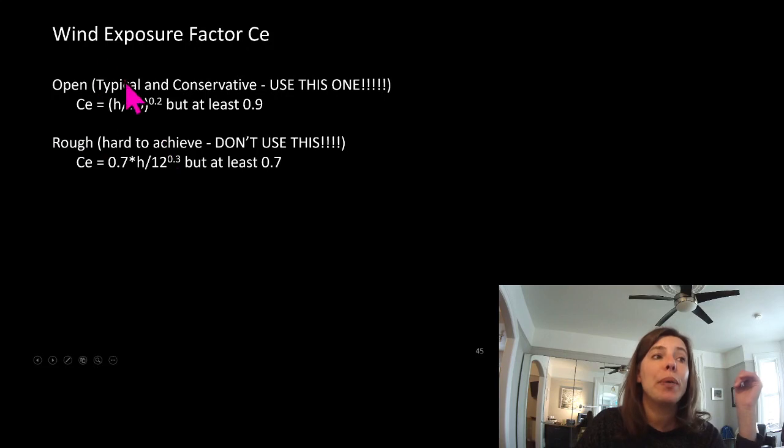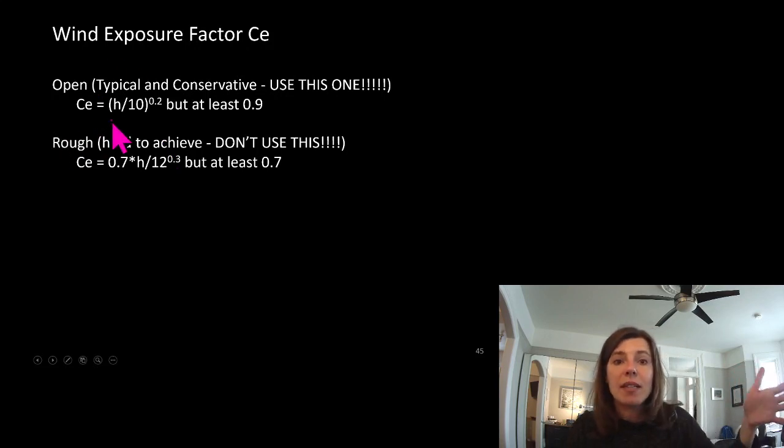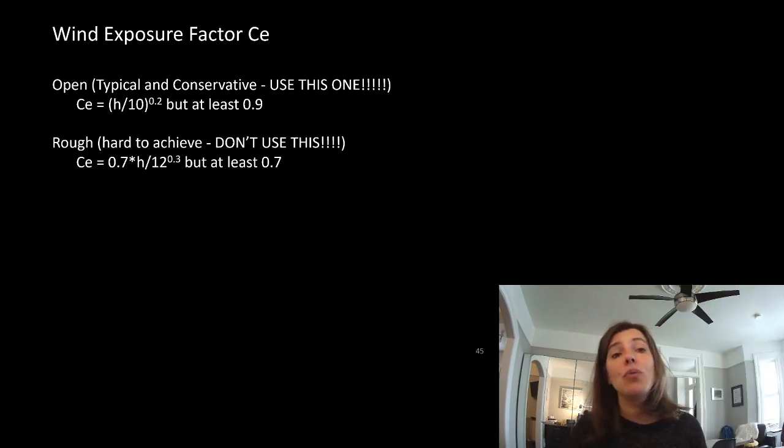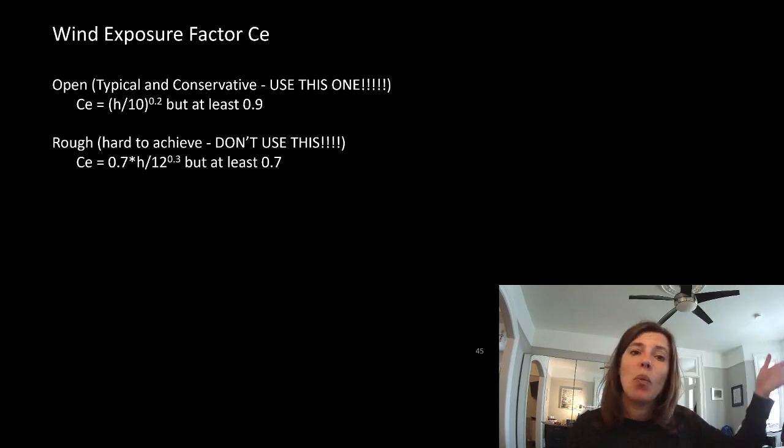And that's where we build in this CE, this exposure factor, that as the wind is along the ground, it's kind of dampened a little bit. It kind of stops the wind pressure. It slows it down a little bit. But as you get up high, you don't have that effect. And the wind pressure can be higher as you go up the building.